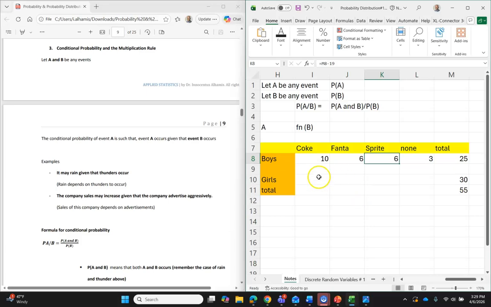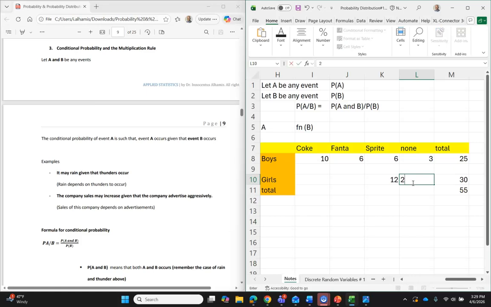So here we have girls, and we know that girls may love any soda. We can select any. And let me go with Sprite, that girls like Sprite. So I'm going to say about 12 will drink Sprite, and 3 probably. So let's not go with 3.